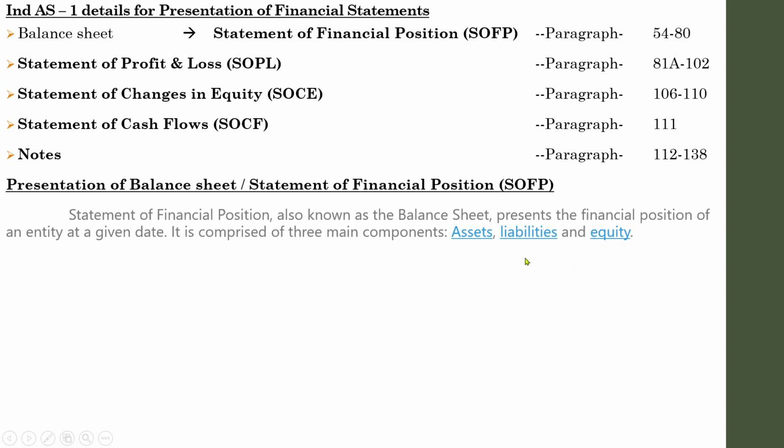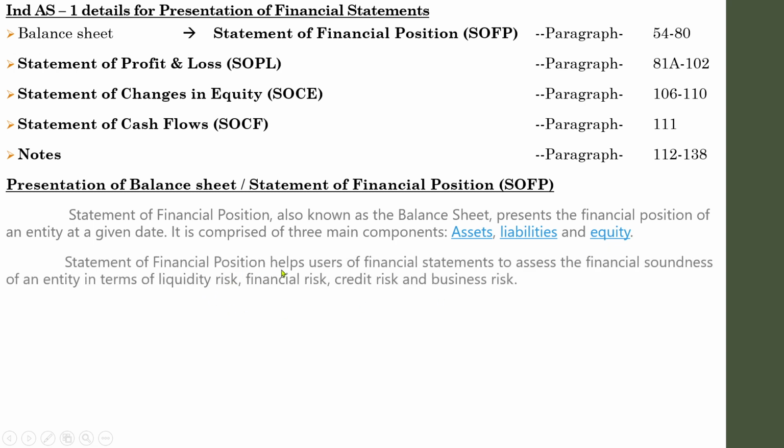We know that liability includes capital and other liabilities, and capital in the wider sense is known as equity, and we have to identify equity separately. Even though it is recorded on the liability side, you have to specify it separately. So three important contents of a balance sheet or SOFP are assets, liabilities and equity.